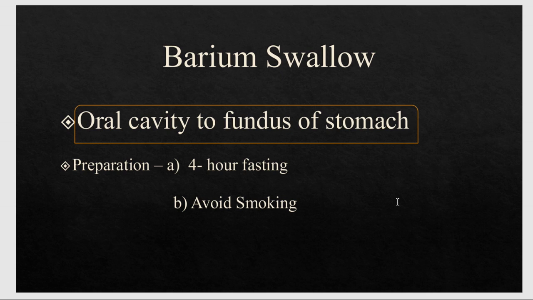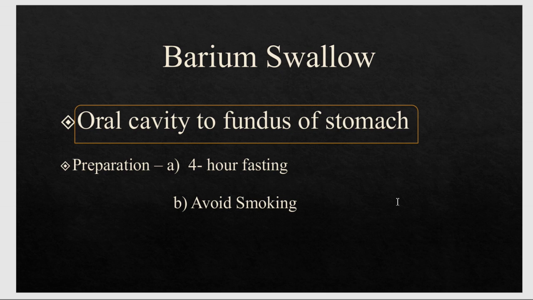And just remember, these barium studies are very useful whenever we want to see some physiological phenomenon or the functional aspect of any organ.